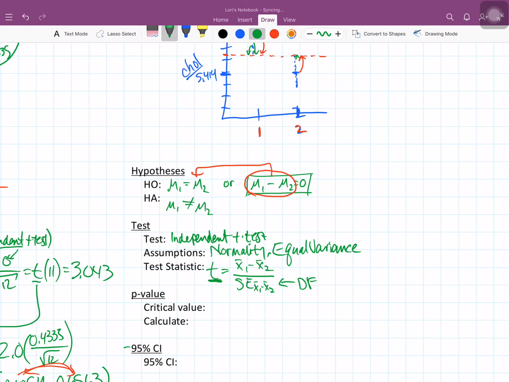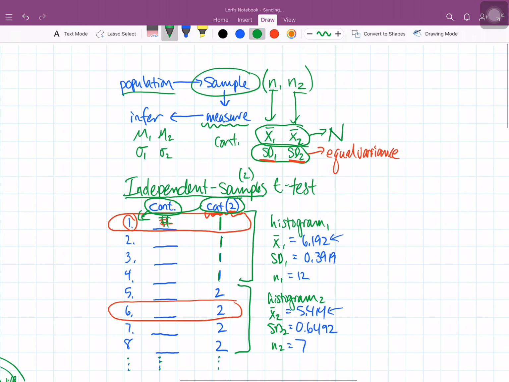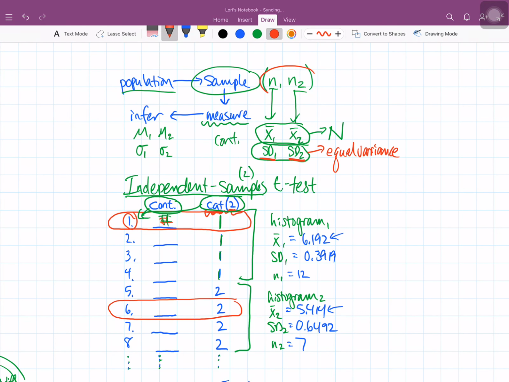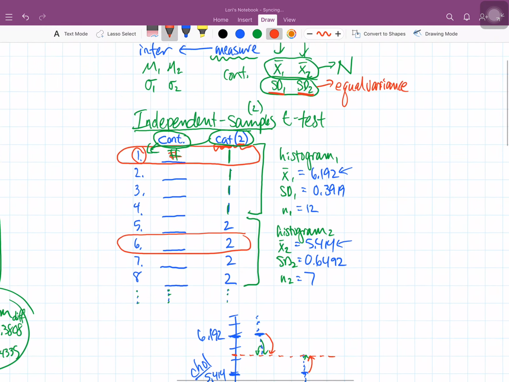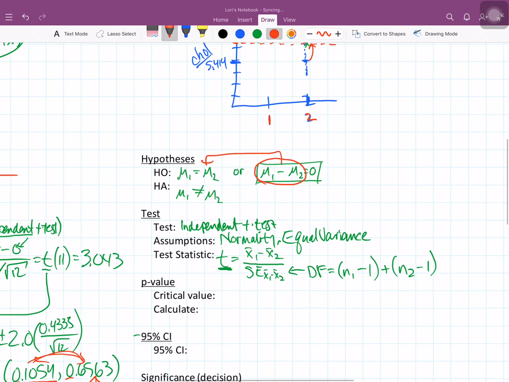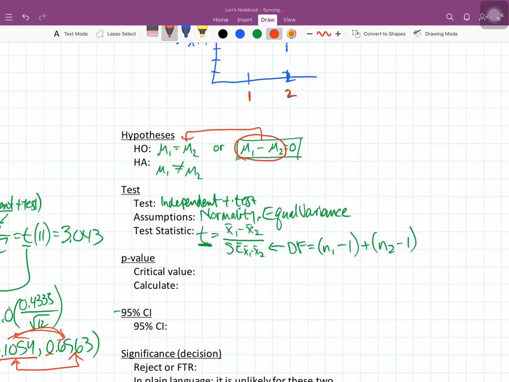So this degrees of freedom is equal to n1 minus 1 plus n2 minus 1. In other words, our total sample size minus 2. So I'll just say equals n total minus 2. You'll notice that we're subtracting 2 out of the total.